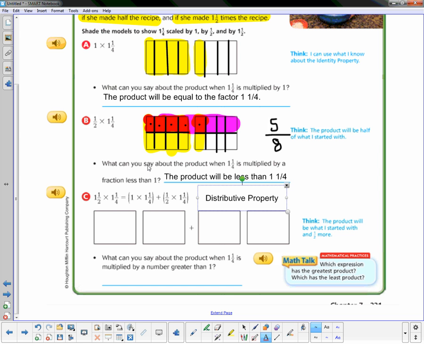So let's take a look here. I'm still going to break it up here to show my 1 1/4, and highlight my 1 1/4.